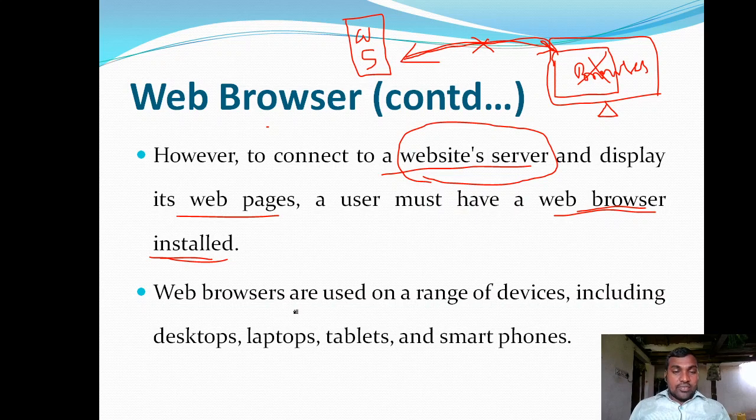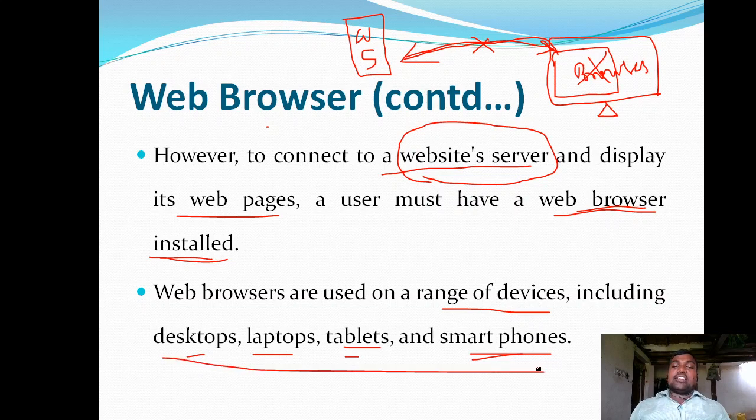Web browsers are used on a range of devices including desktops, laptops, tablets and smartphones. In olden days, browsers were restricted to only desktop PCs and laptops, and nowadays every electronic gadget like tablets, smartphones, even feature phones are installed with different kinds of browser software.